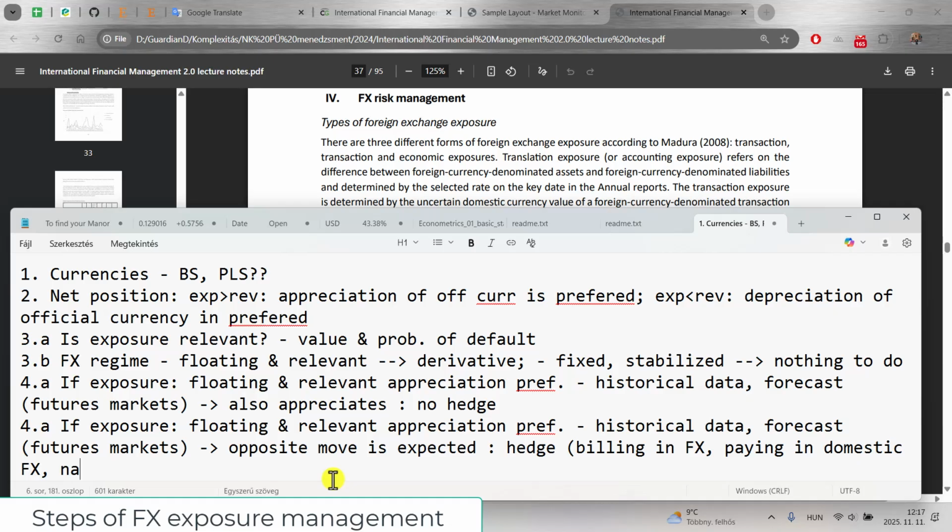So natural hedge is when debt is in FX, and revenues are also.